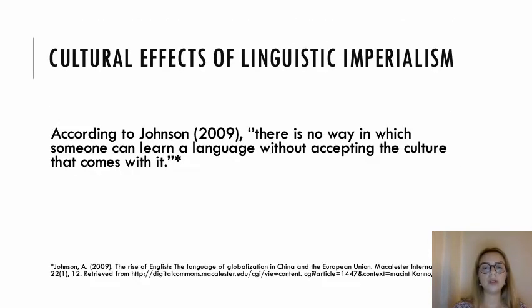Now we will look at another important subject, the cultural effects of linguistic imperialism. According to Johnson, there is no way in which someone can learn a language without accepting the culture that comes with it. He means that language is not culture free.